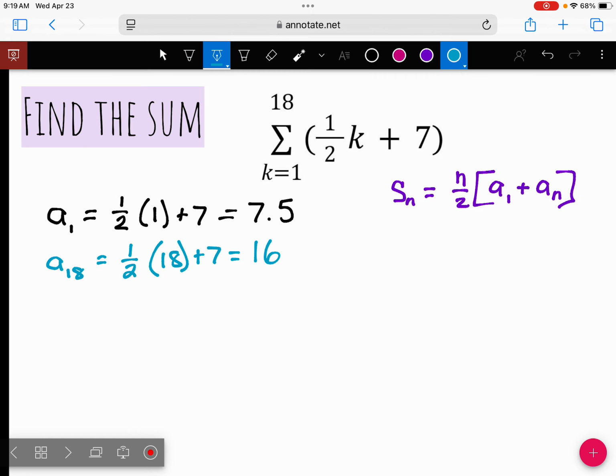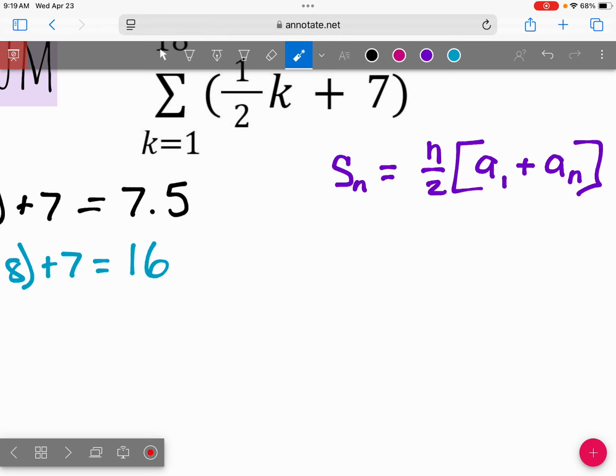So since we have an arithmetic sequence, because we have this common difference, it's a linear statement over here, we can use this guy where we're going to find our sum of the terms from 1 to 18, so S sub 18, whoa, wrong pen.